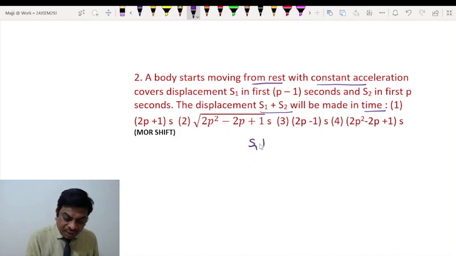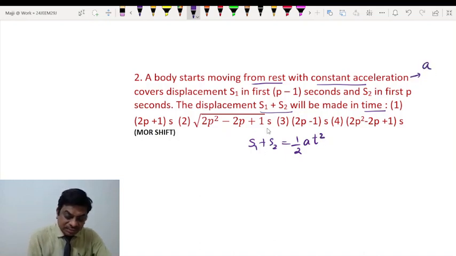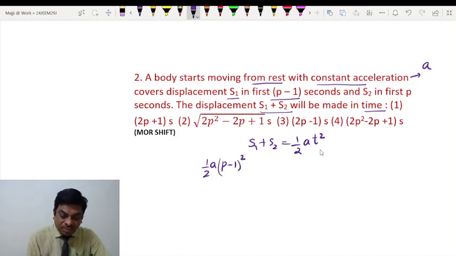So we know that displacement is given by half AT square, where A is the acceleration. Now S1 is the displacement in the first P minus 1 seconds. So it should be equal to half A into P minus 1 square, putting T equal to P minus 1. Similarly, S2 will be the displacement in the first P seconds.